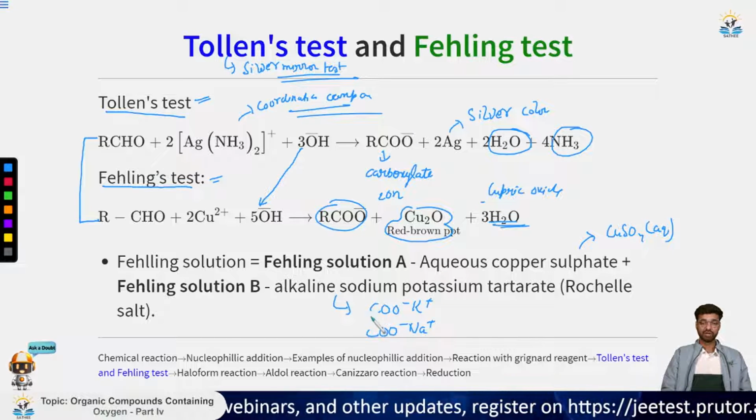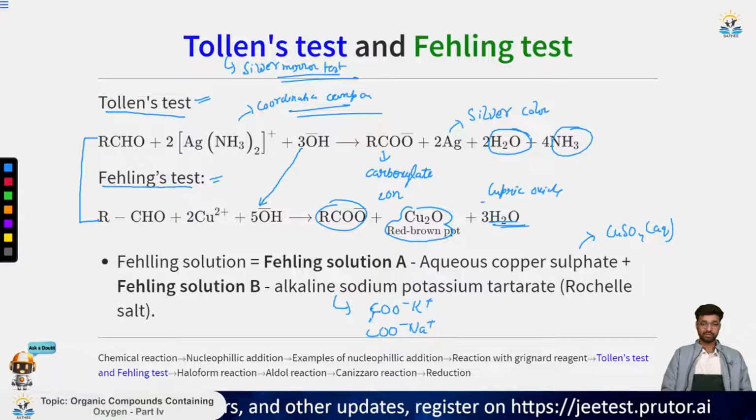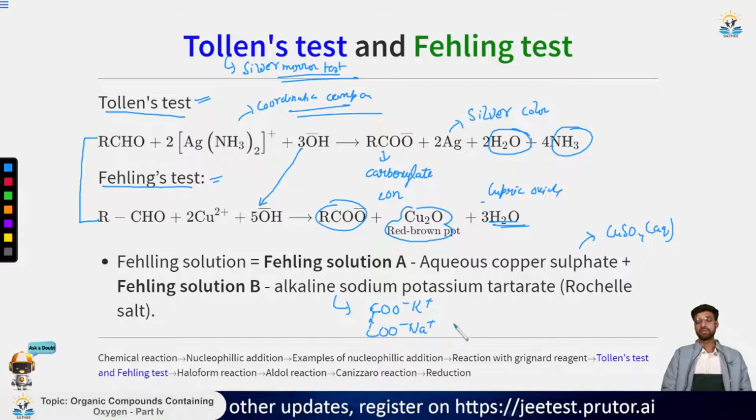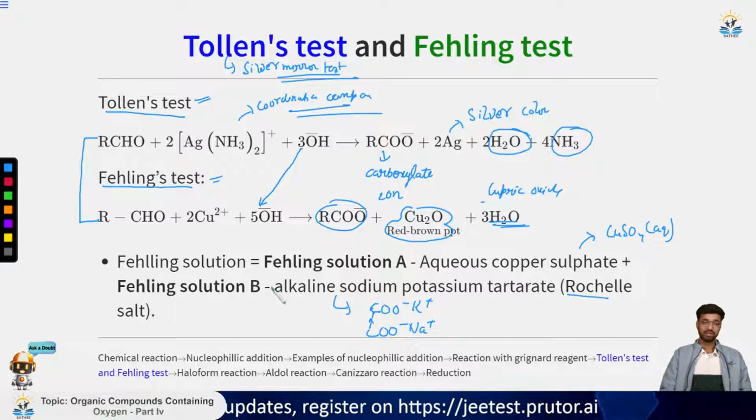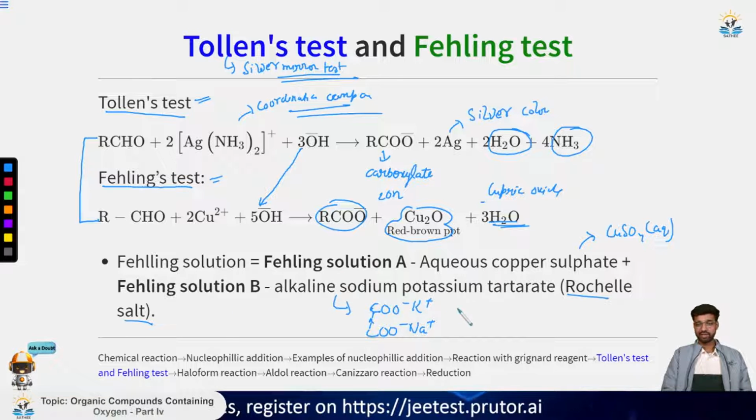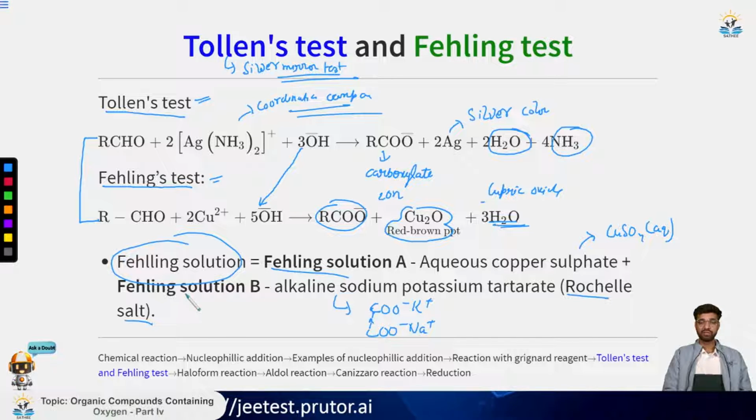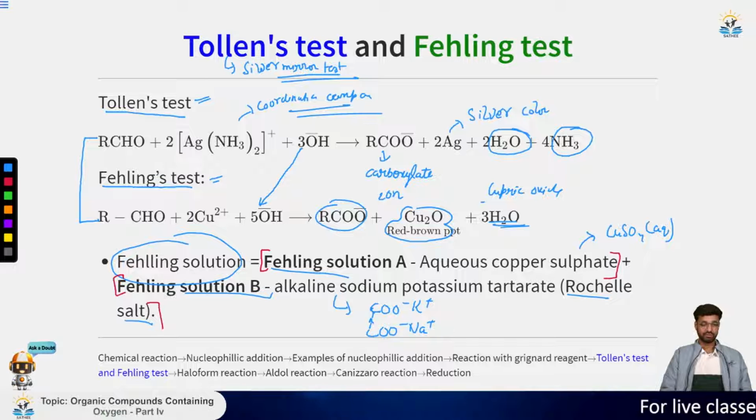So this is sodium potassium tartrate, also called Rochelle salt. We take Rochelle salt and this copper sulfate solution to make our Fehling's solution, which is Fehling's solution A plus Fehling's solution B. This is Fehling's solution A and this is Fehling's solution B.